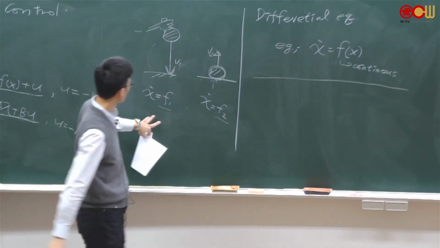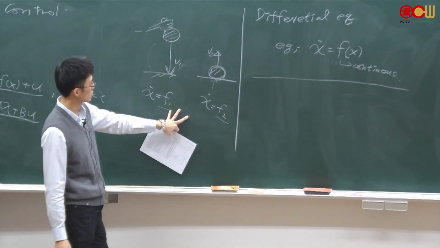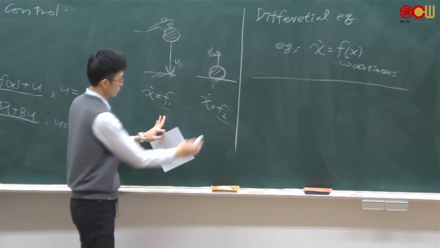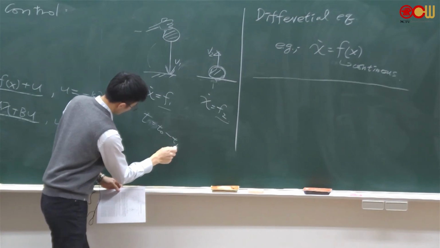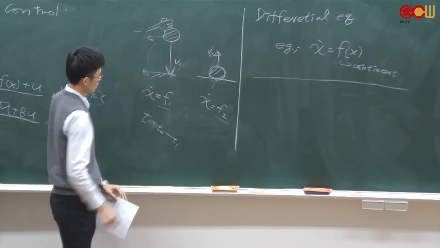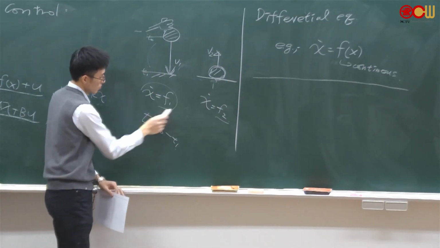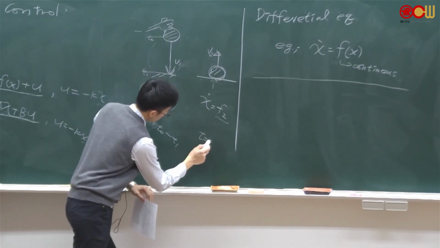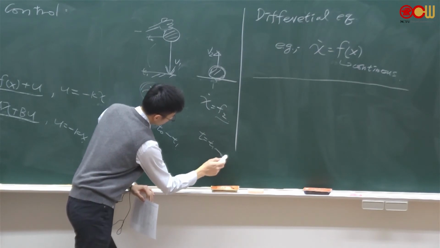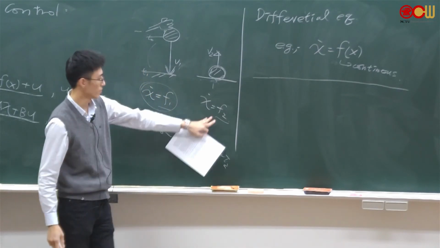But if you want to model this kind of dynamics, in one system, you switch between t0 to t1. The dynamics can be modeled by this ODE. And from t1 to t2, you have this dynamics.